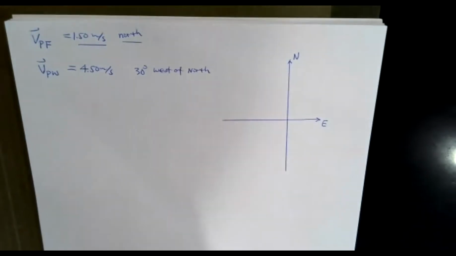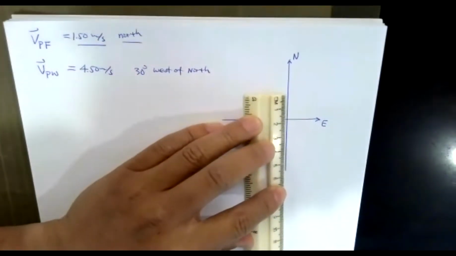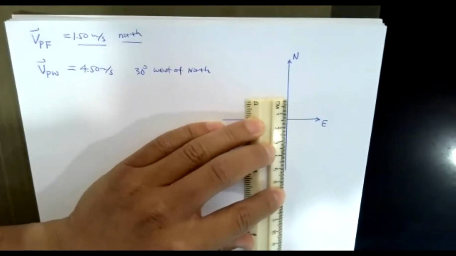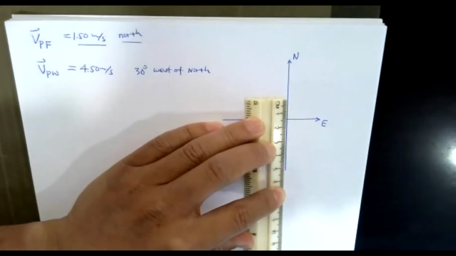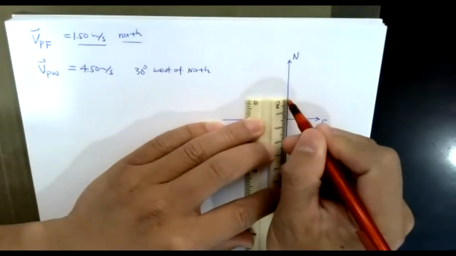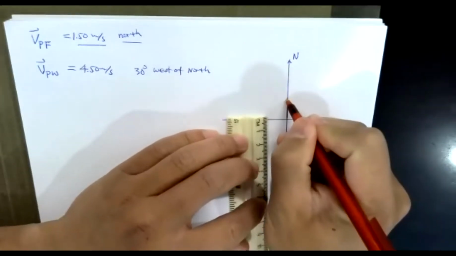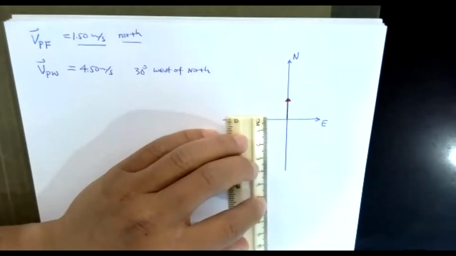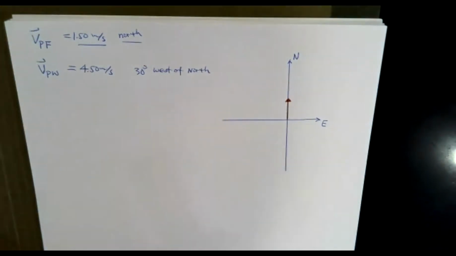The first one is V P F in the northward direction, due north. I'm going to use 1.5, so it's right on this here. Hope you guys can see this. 1.5 due north.